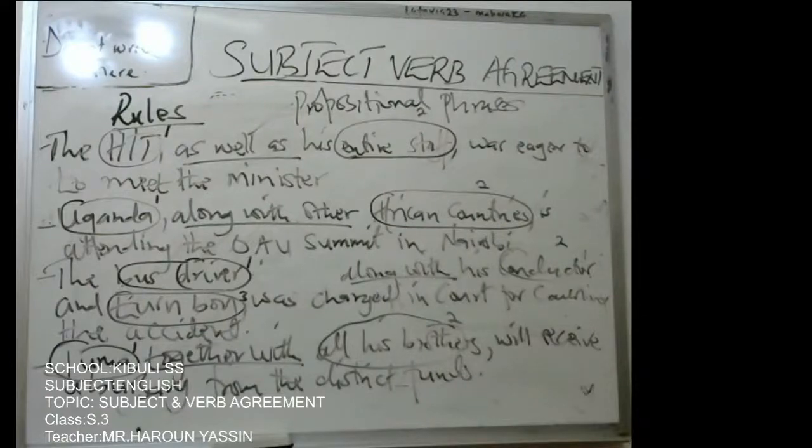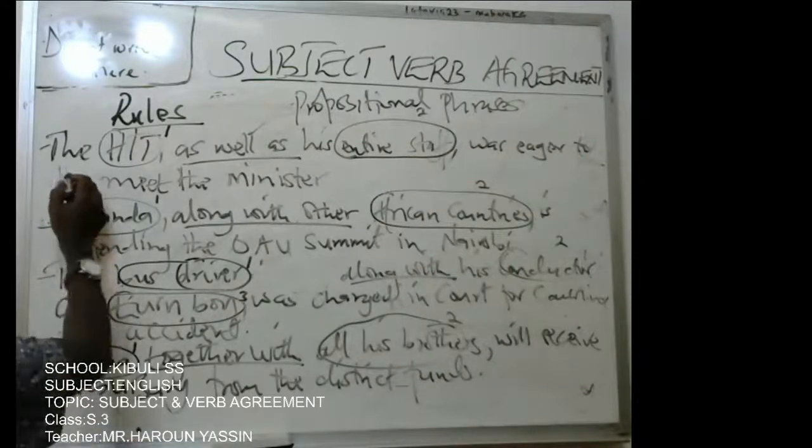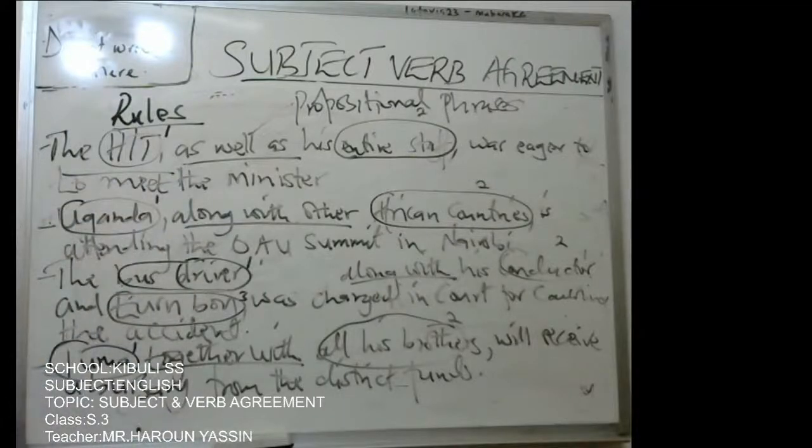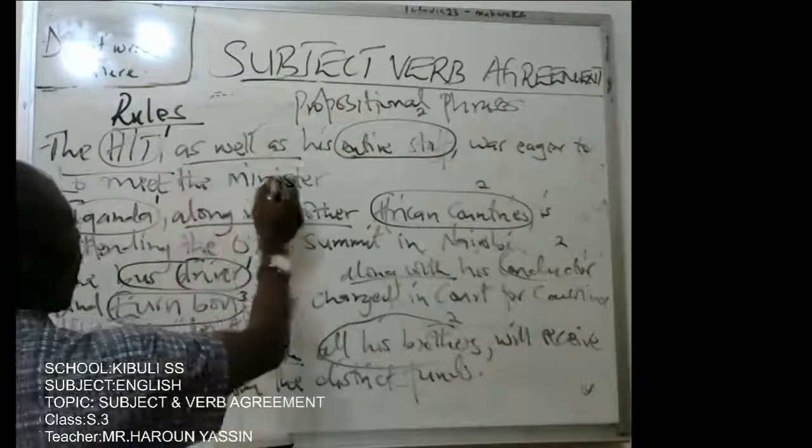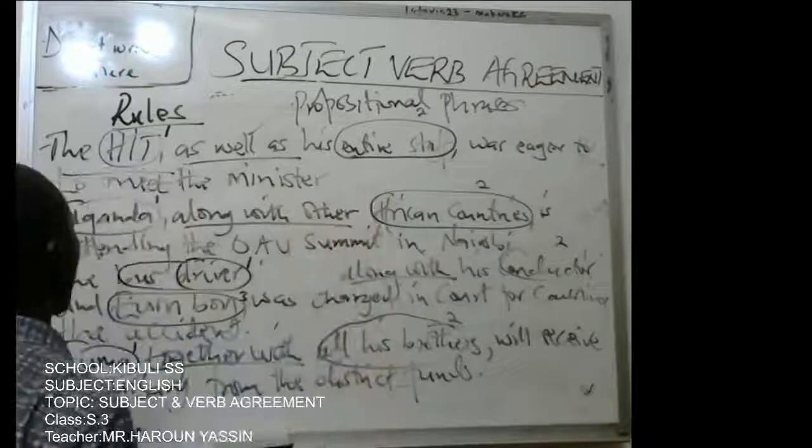By this time you should know the difference between a sentence, a phrase, and a clause, because those are the most commonly used words when we are trying to explain English. So what do I mean by a clause? We have got the head teacher, this is one clause, and then after that comma up to the end, we are having another clause.